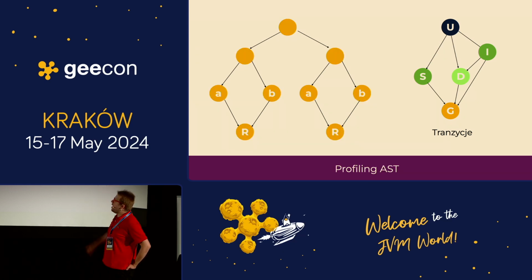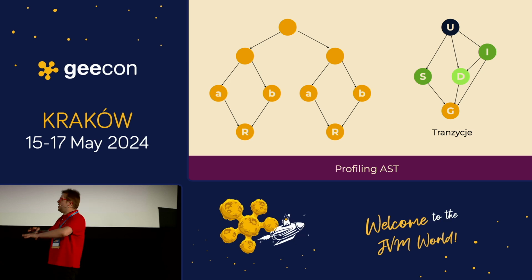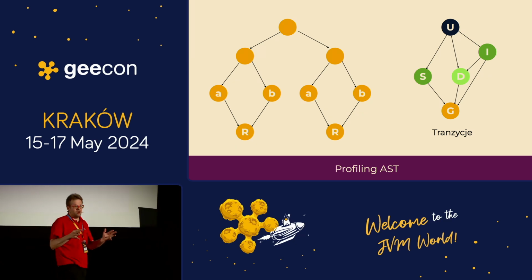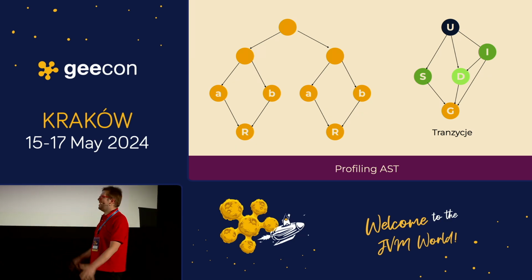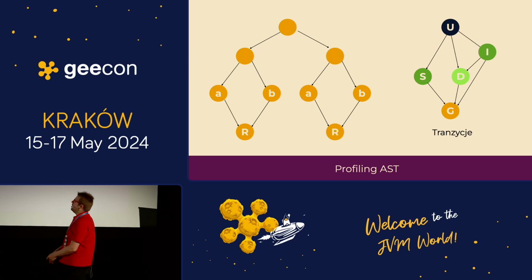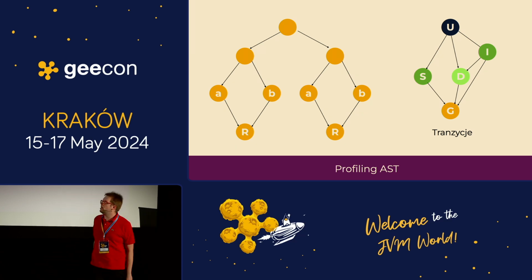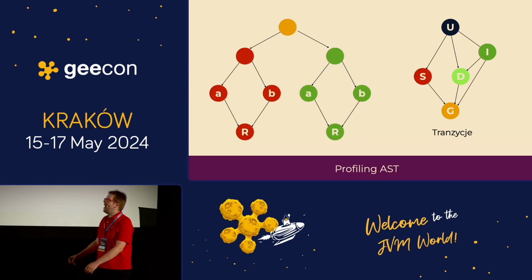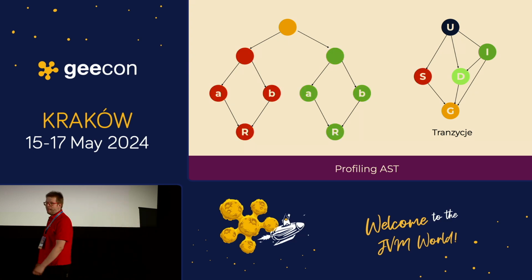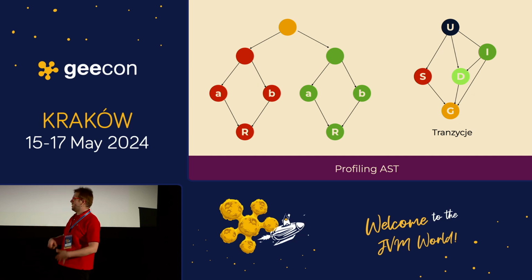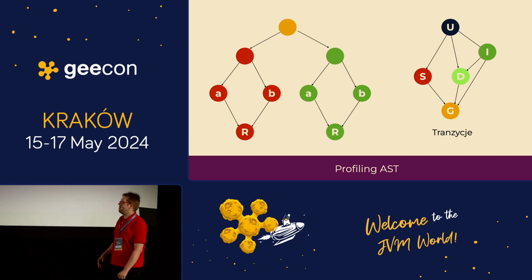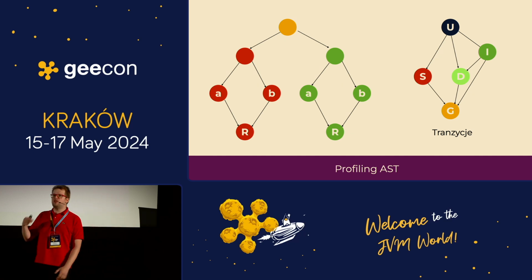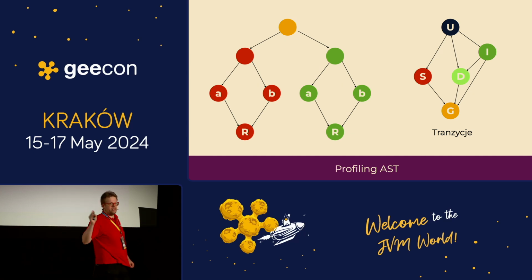So how is this transition going? Okay, at the beginning, we do not know how our program works, because it's not profiled yet. So what we are doing here, we are making a generic case that does not have any optimization at all. However, as we are going through our application logic, the abstract syntax tree profiling that is included in Truffle is learning about how particular branches of the tree are used in production.